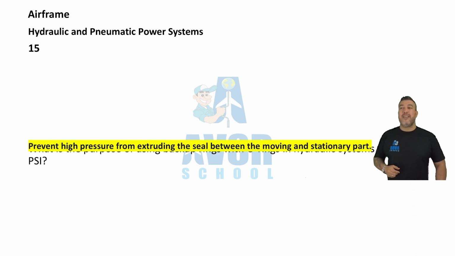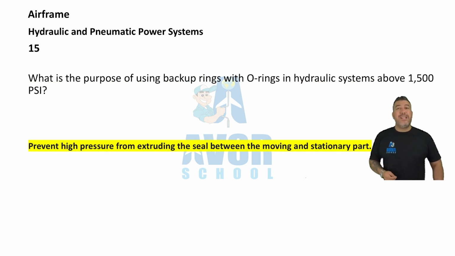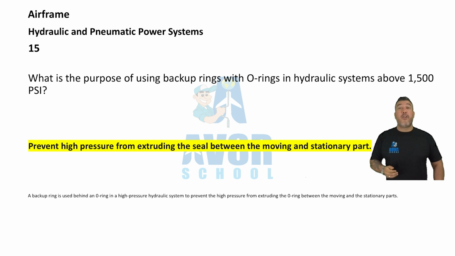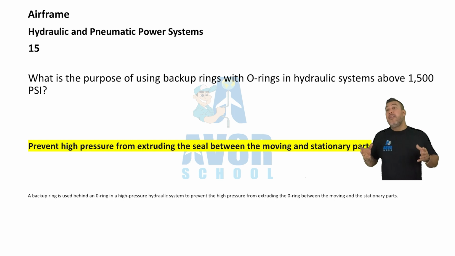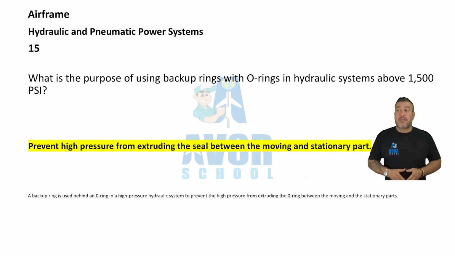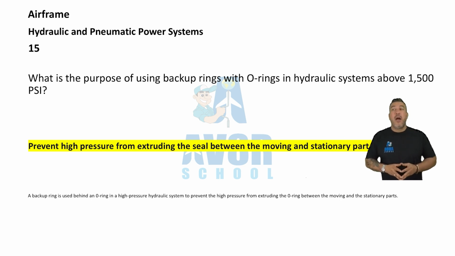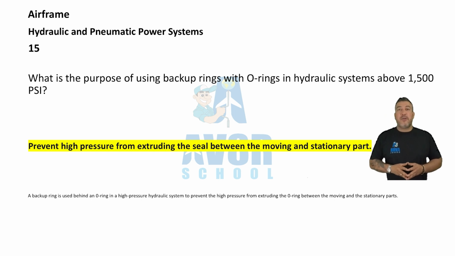Number 15, prevent high pressure from extruding the seal between the moving and stationary part. So what is the purpose of using backup O-rings in a hydraulic system above 1500 psi?